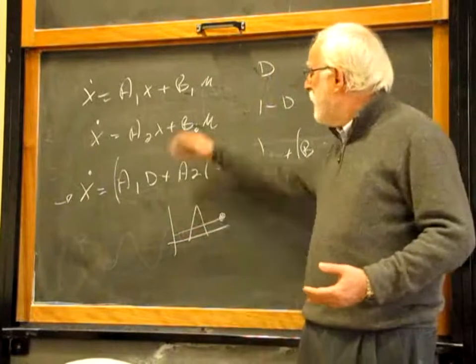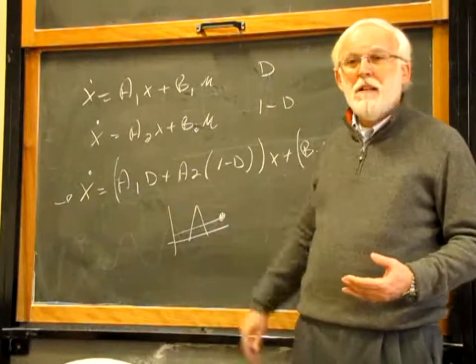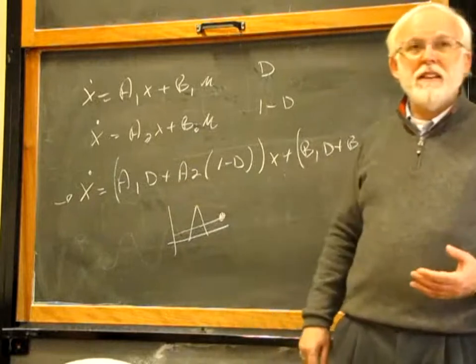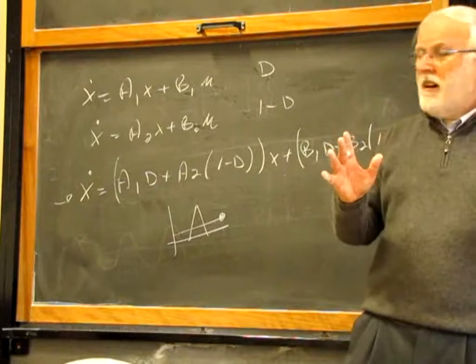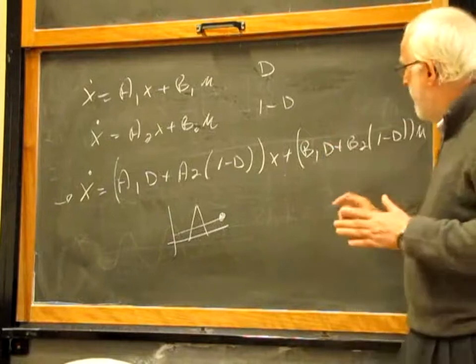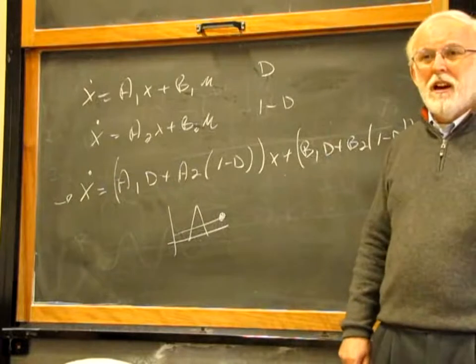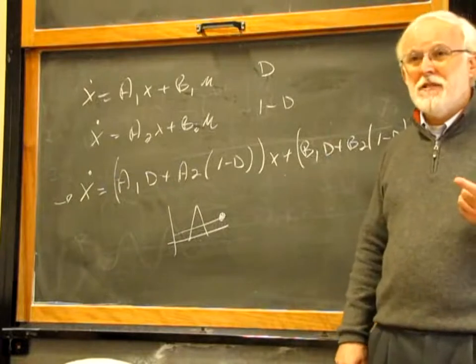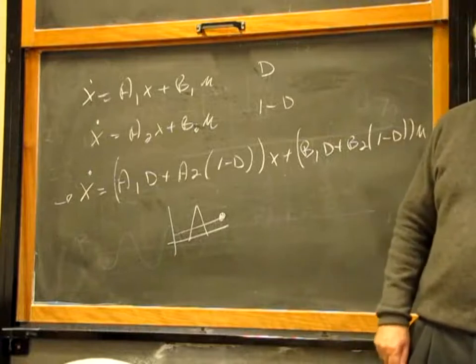So what do we lose going from the original system to the average system? Well, we lose everything that happens inside one cycle. We lose the peak values. They are not there anymore. We lose the RMS values. We lose the instantaneous values.